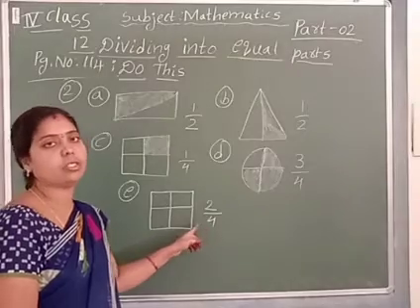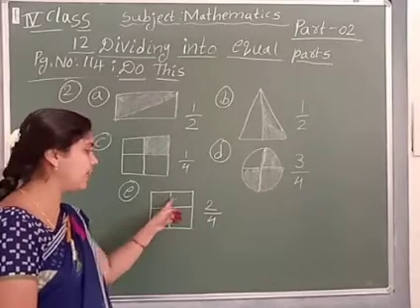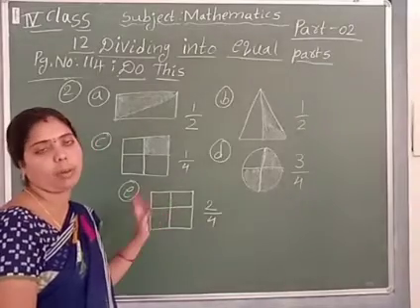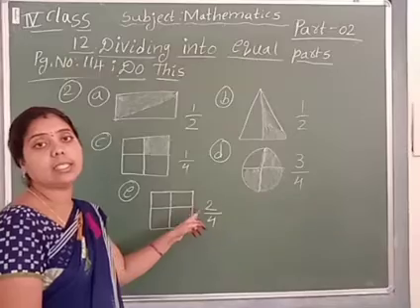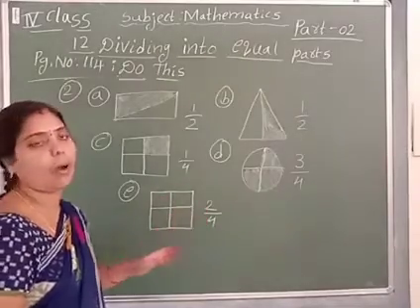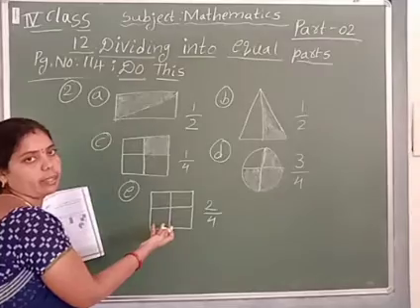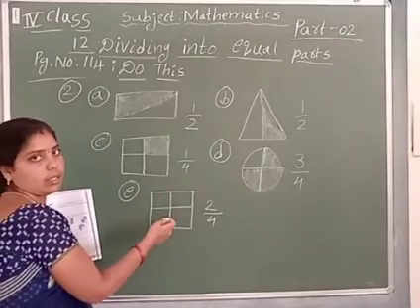So whatever the denominator number is, we divide into that many equal parts. Okay, 1, 2, 3, 4 parts to divide. So how many parts are shaded here? 2 parts. We want 2 parts only. Any 2 parts we can take. Nothing will happen. So these 2 parts, or this and this.